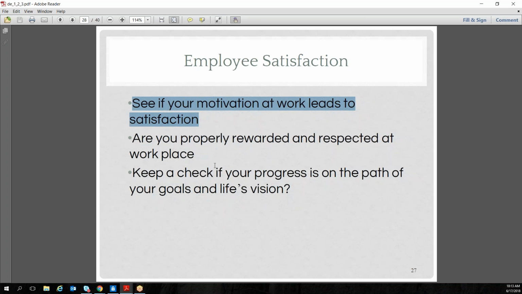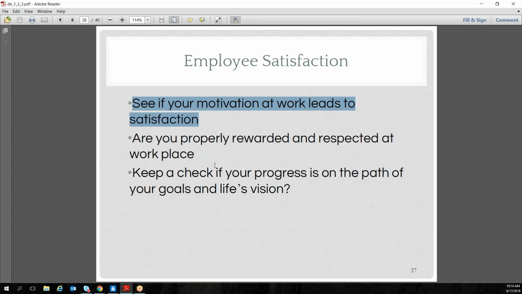Hi, sir. So, if one is motivated, he would show interest in his work. He would do the work efficiently and effectively. And obviously, if he's interested and keen to work more, that shows that he is satisfied. Right, that's true.